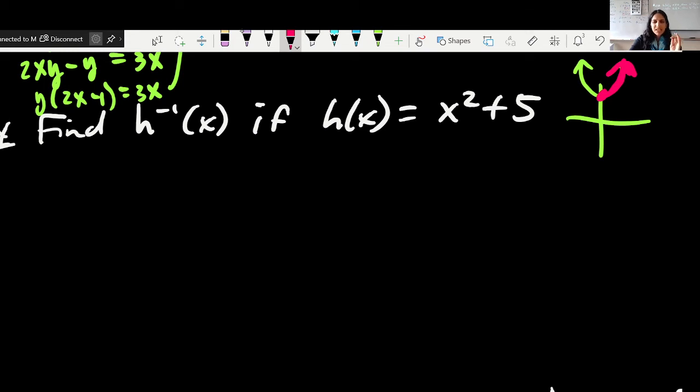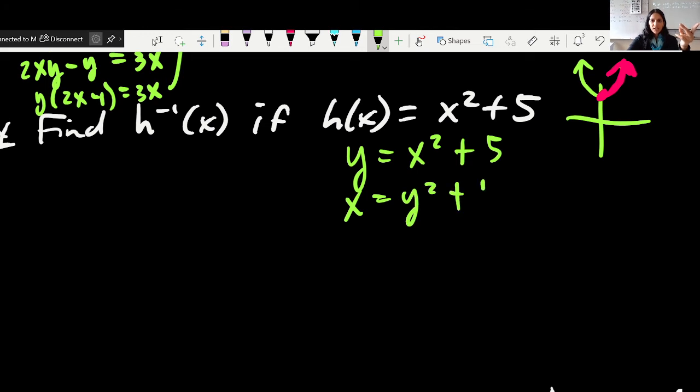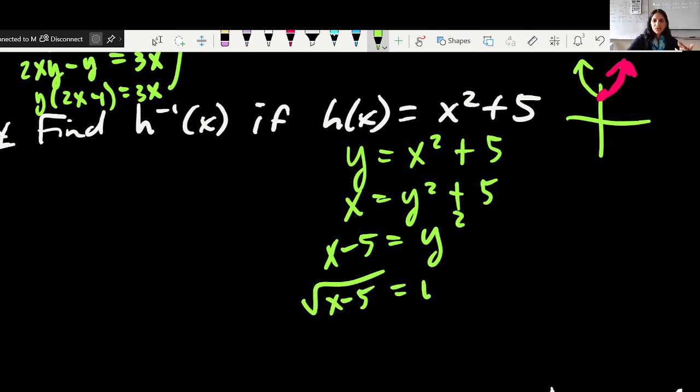But we can still go through this procedure the same way. So I can still say, okay, y equals x squared plus 5. I can swap the x and the y. So I can say x equals y squared plus 5. I do x minus 5 equals y squared. And then I can square root it to say root x minus 5 equals y. Flew through that, but you all know how to do that now, right?